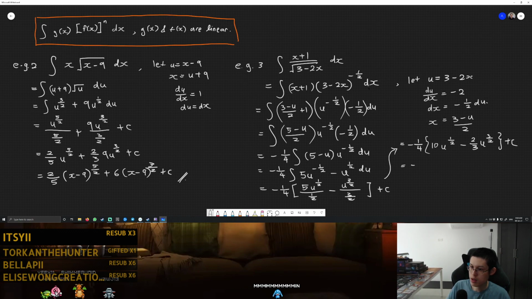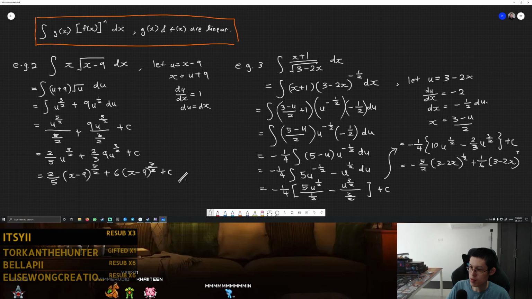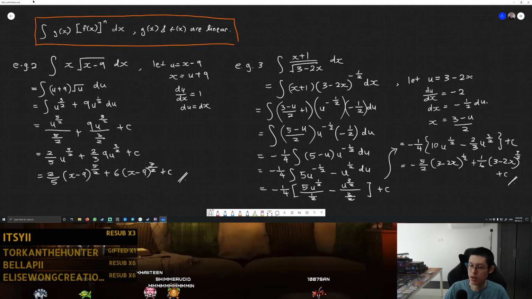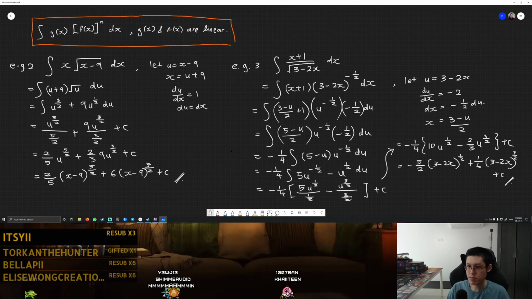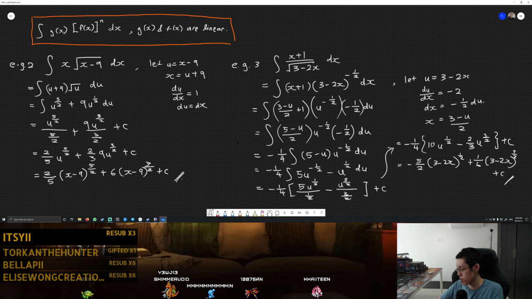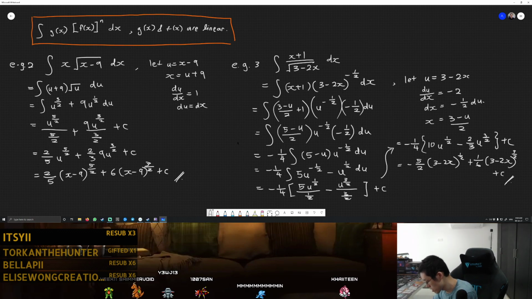So that's going to give me negative 5/2 (3 minus 2x)^(1/2) plus 1/6 (3 minus 2x)^(3/2) plus c. And done. Okay. So if both of these are linear functions, you can do a double substitution. You substitute this and you substitute this, and then you do integration by substitution as you would normally. Okay, so that's done. Right, moving on.